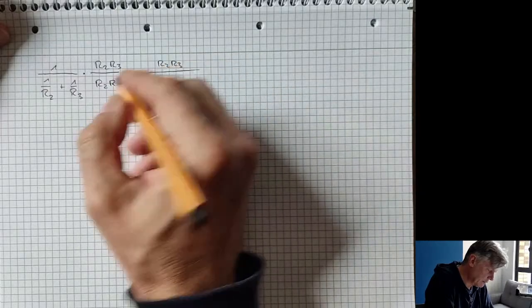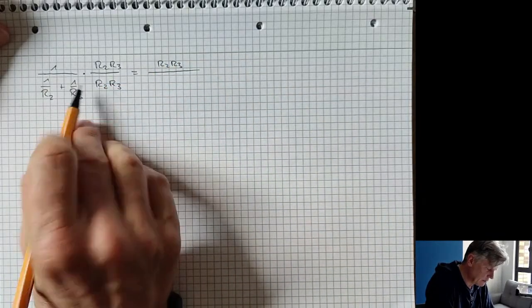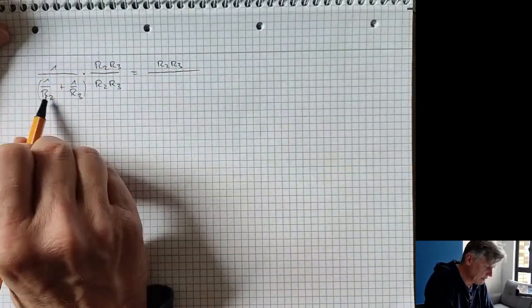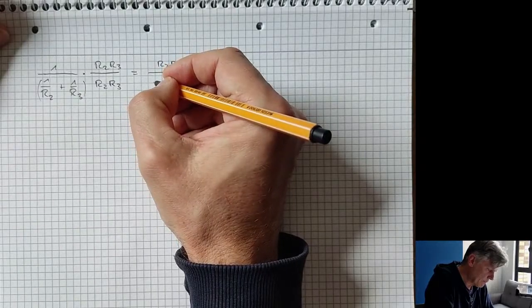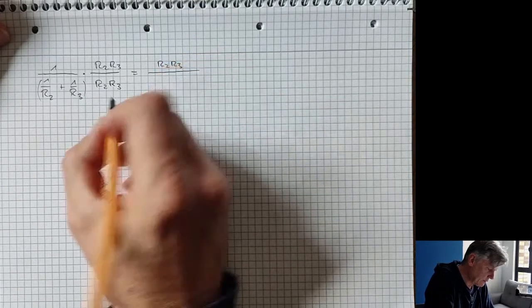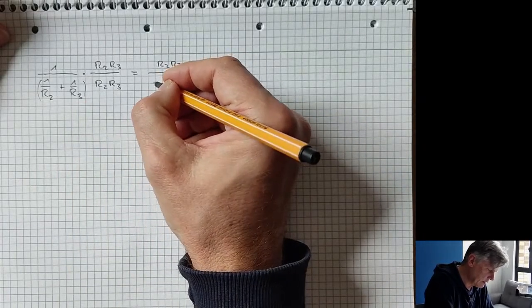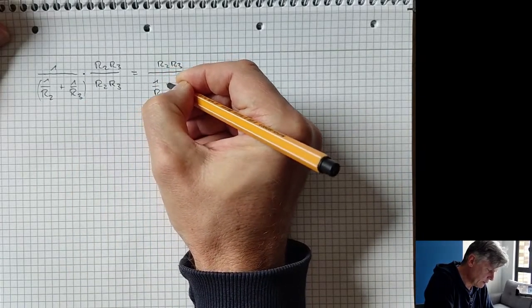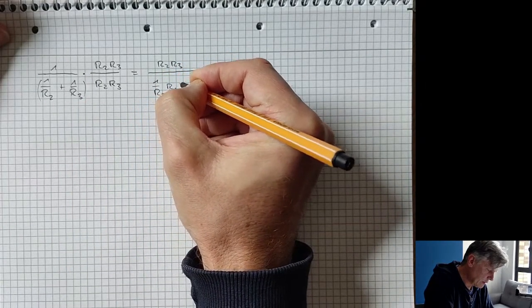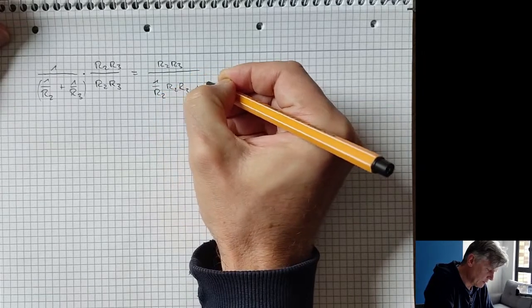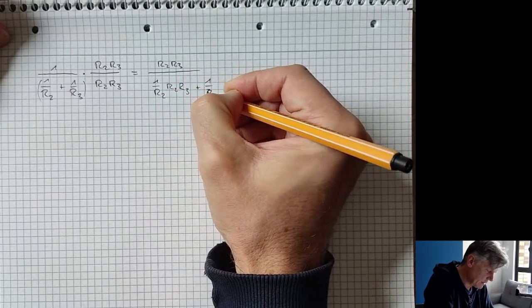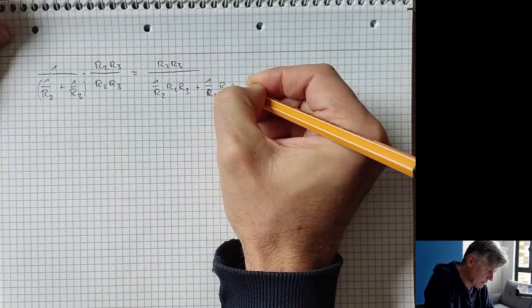Here we have to be careful, because we now multiply the sum in the denominator by R2 R3, which means we have to apply the distributive law: 1 divided by R2 times R2 R3 plus 1 divided by R3 times R2 R3.